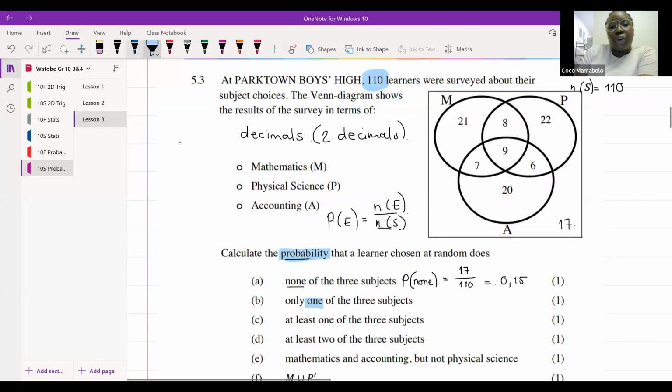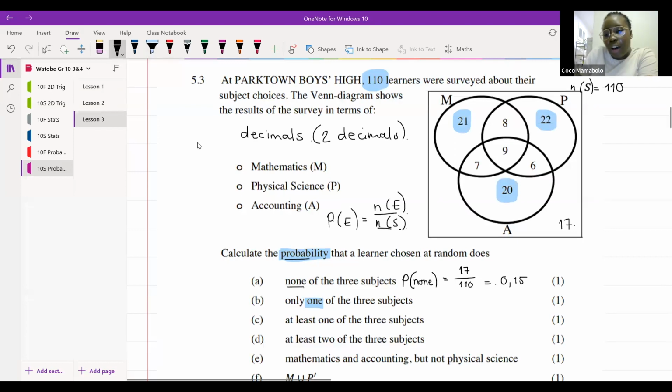Correct. Okay. So do you agree with me, Namisile, that when we are calculating for each of these probabilities, this is an or question, right? It's or. You can either do accounting or maths or physics, correct?